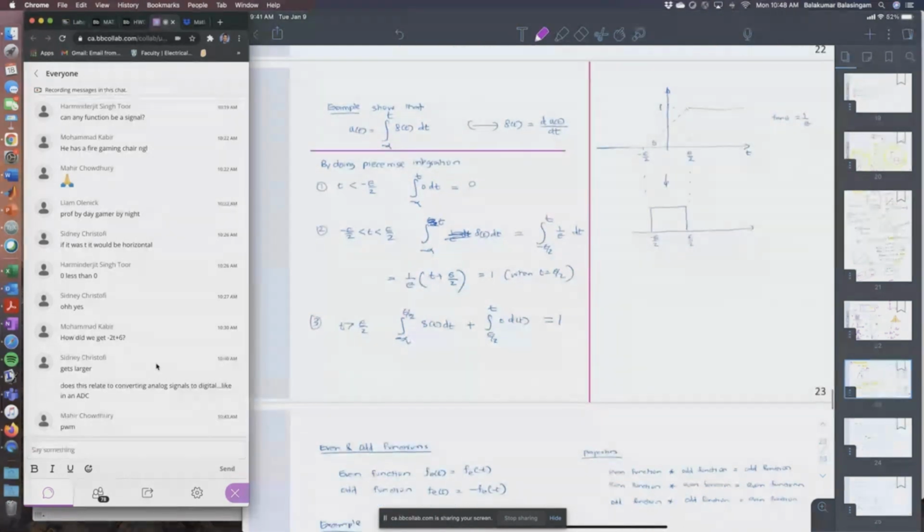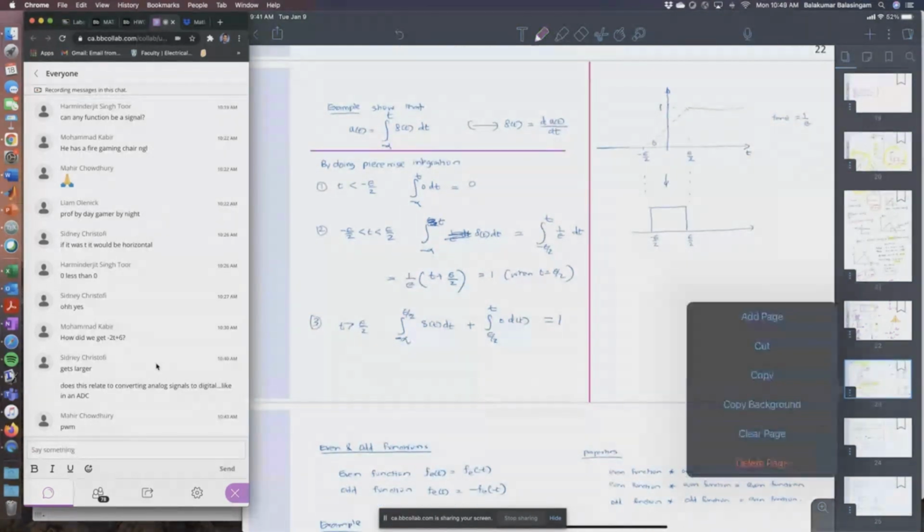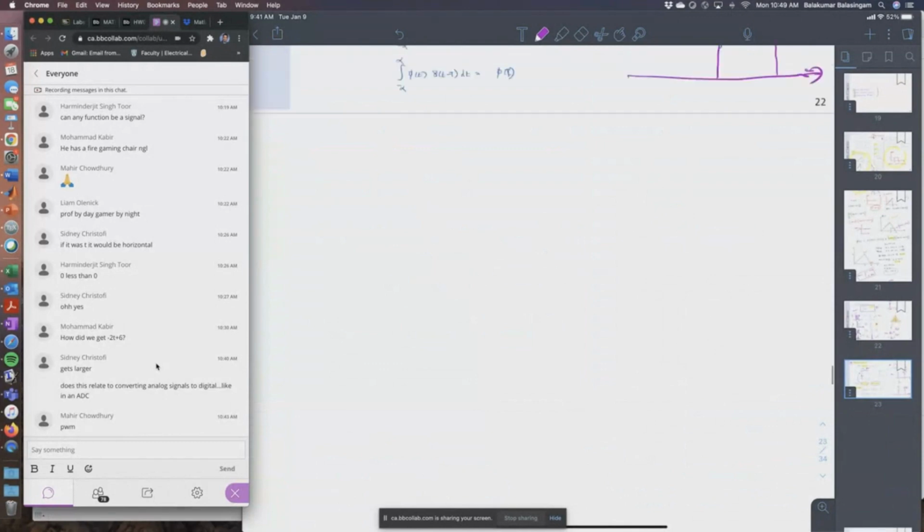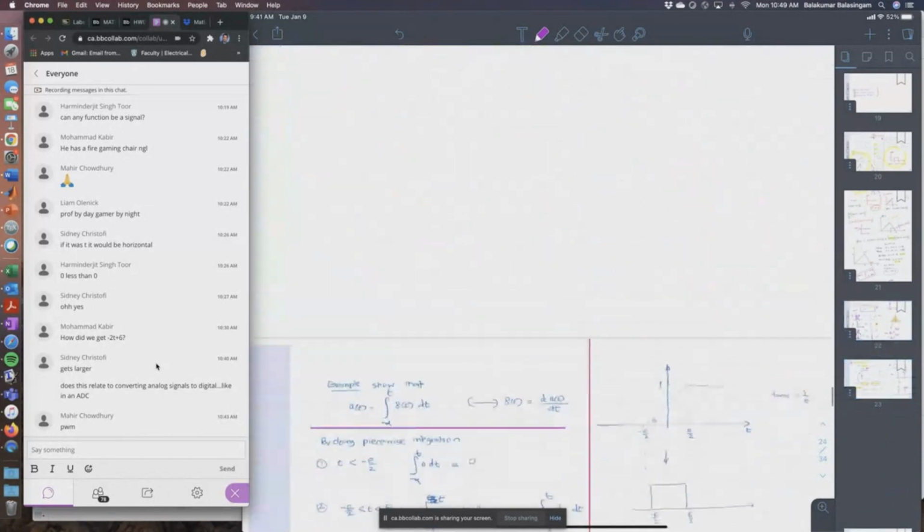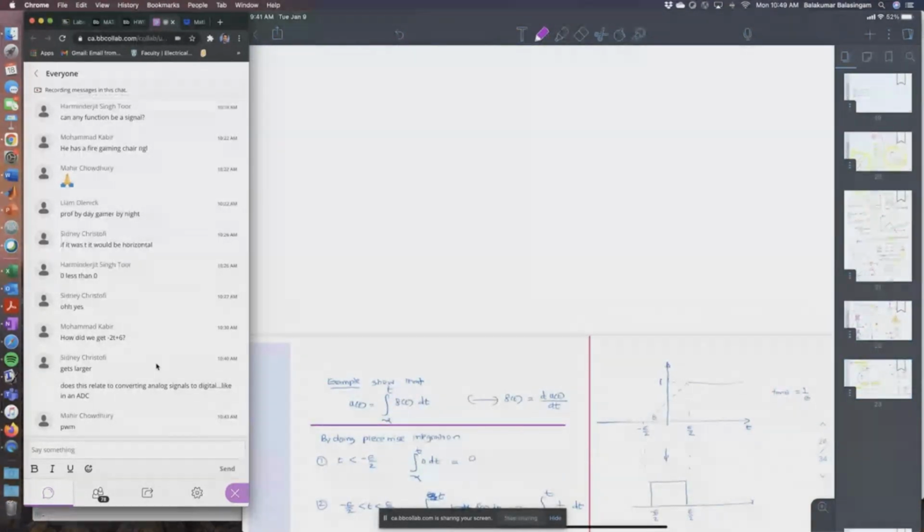Let's quickly draw a picture and see what that means. So u(t) is this function.